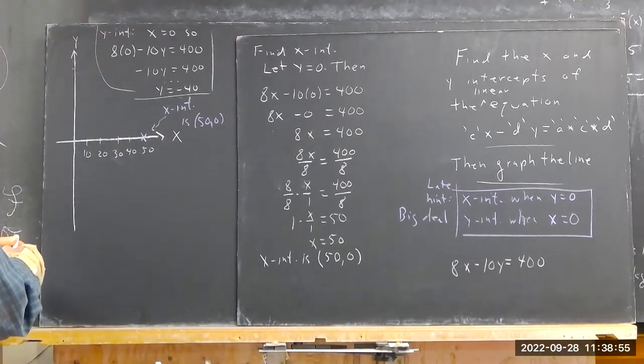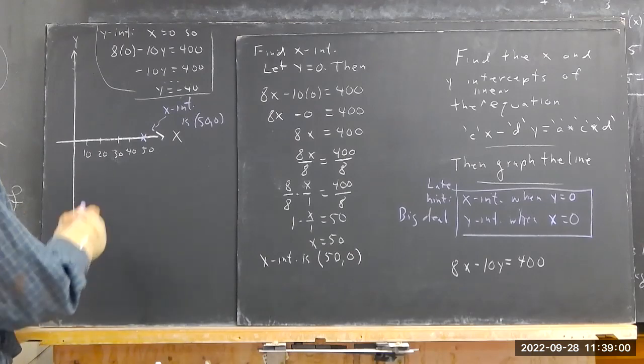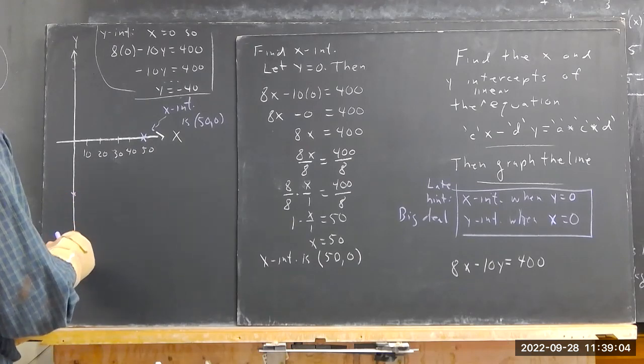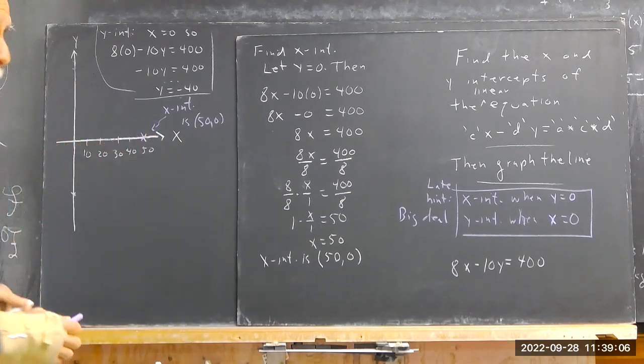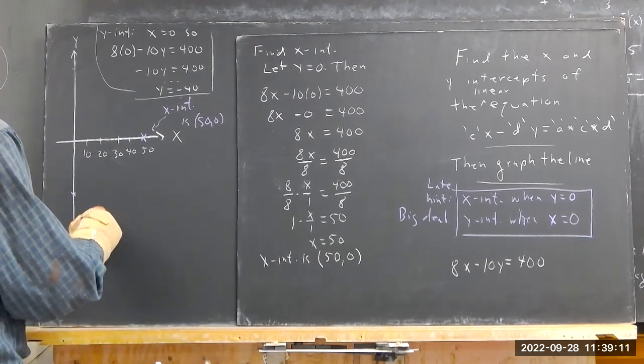Okay, so now the y-intercept is (0, negative 40). So we'll put something down here at negative 40. Whatever we want to put negative 40 is okay. If we put it in kind of the same scale we have x, there's some advantages. So this is the y-intercept.